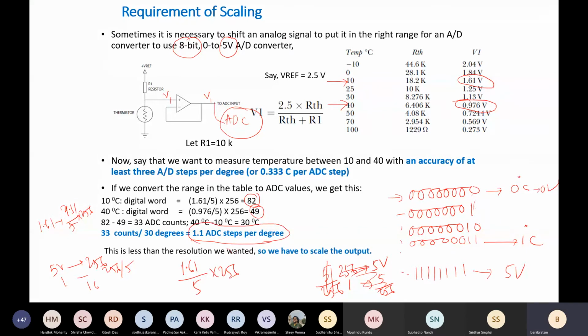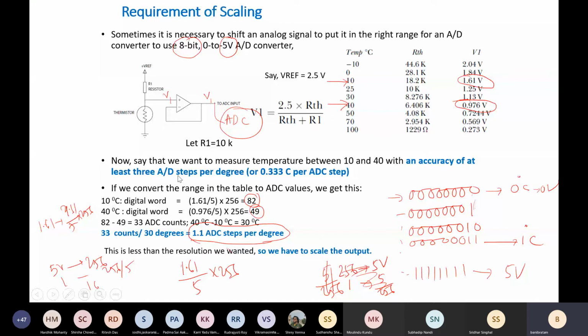Right? So based on this simple voltage divider circuit, if I calculate the corresponding digital conversion for this ADC, then I can see that 1 degree centigrade corresponds to 1.1 ADC steps. But what is my requirement? My requirement is 3 ADC steps per degree. So what I am getting is lesser than my requirement.